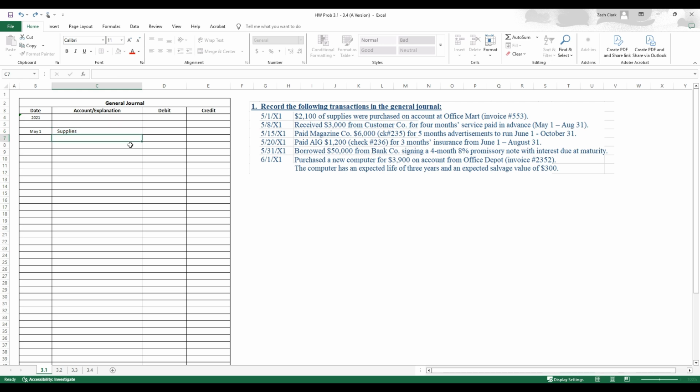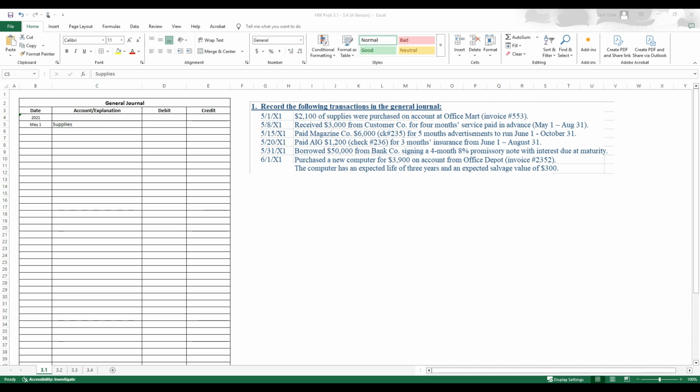Remember that we have our supplies asset, and it looks like we got a little bit of an indentation. That's a correction from a previous problem. So then we've got supplies, and remember it says we are purchasing this on account. I think the formatting is actually set up for this to be best put in the cells above, so bear with me there. Okay, so we've got supplies.